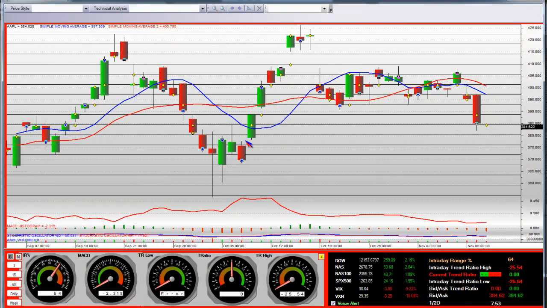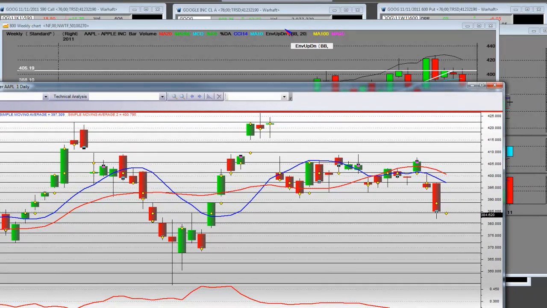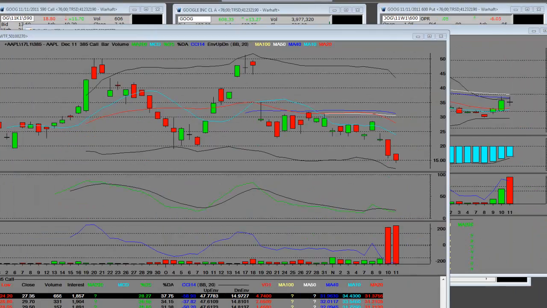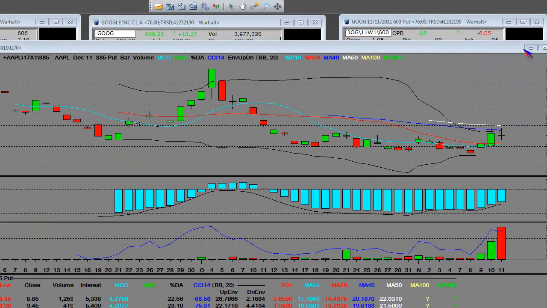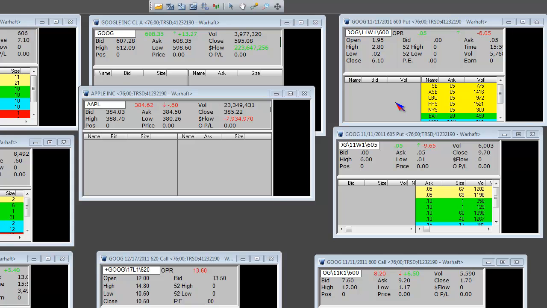Well, we already know that down here where we had the gap, this major line right across this area is about $380. Now, Apple closed at 384.62 on 23 million shares.